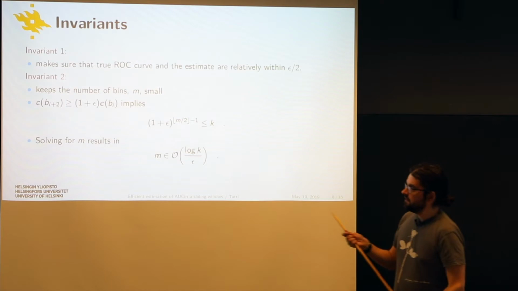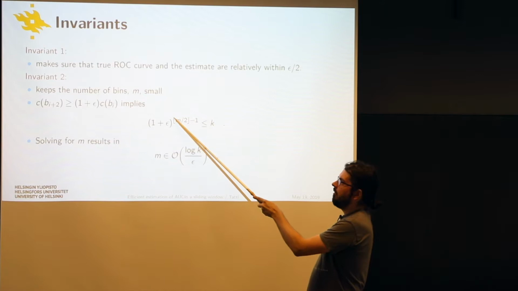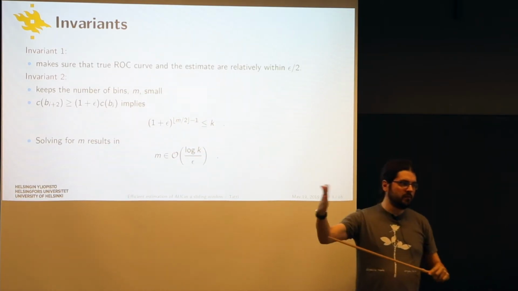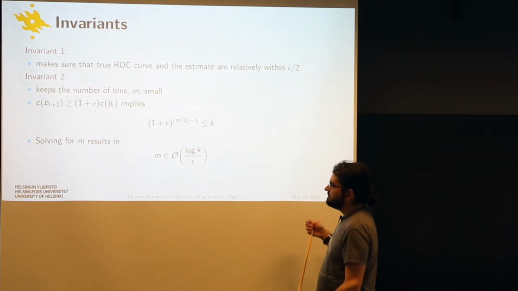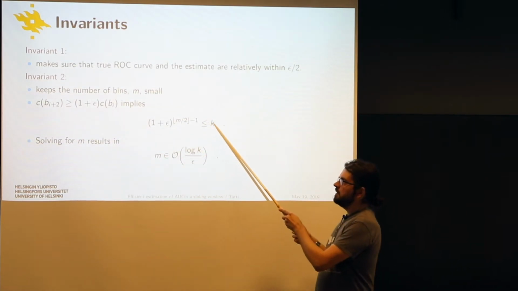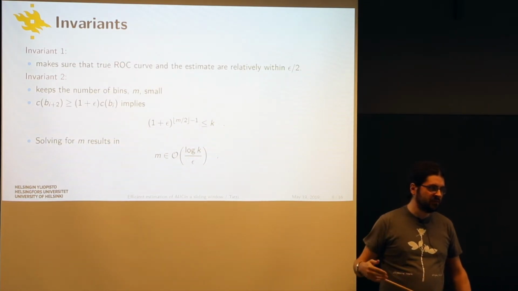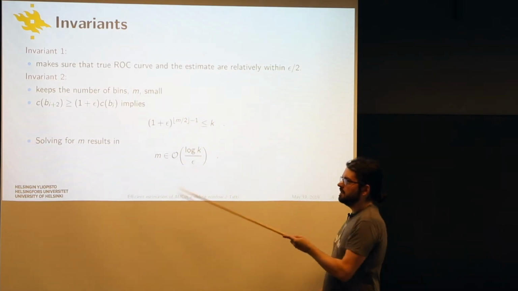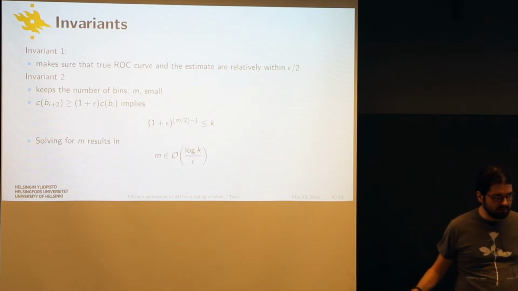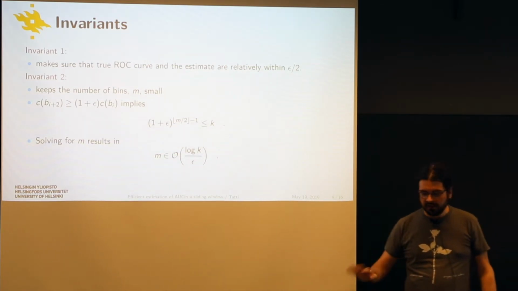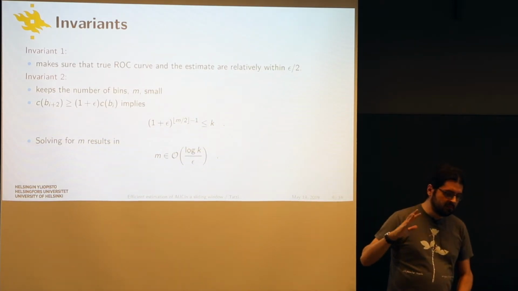So essentially after n bins, you will have 1 plus epsilon to the power of n divided by 2 because you go every 2 bins. And then this height can be at most k because you only have k samples. So this is at most what you can get, and then you can solve for n out of it, and you get log k divided by epsilon. So that will guarantee you that the number of bins stays small. So invariant 1 guarantees that the approximation stays correct, and invariant 2 guarantees that the number of bins stays small.